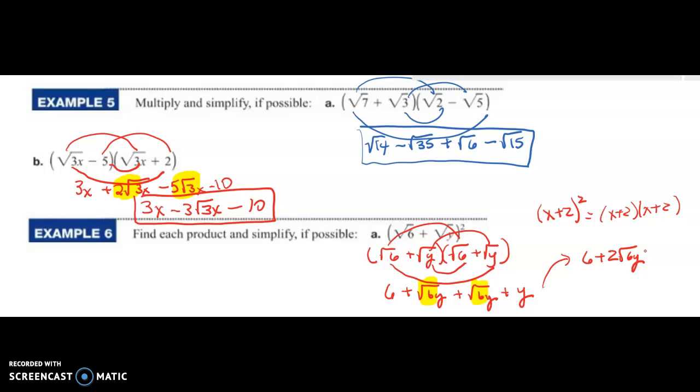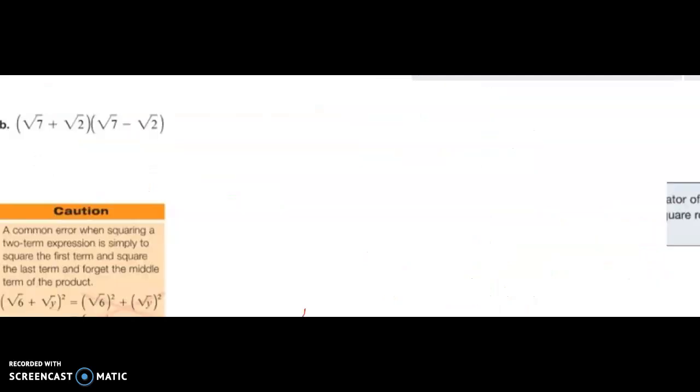Just like if it was x plus x. So you have two radical 6y's plus y. And again, these aren't very neat, but this is exactly what happens and is as simplified as you can get when you FOIL.